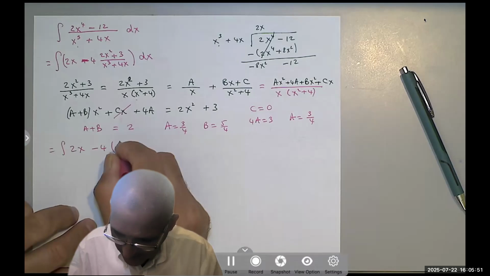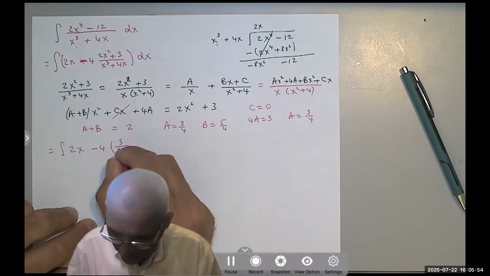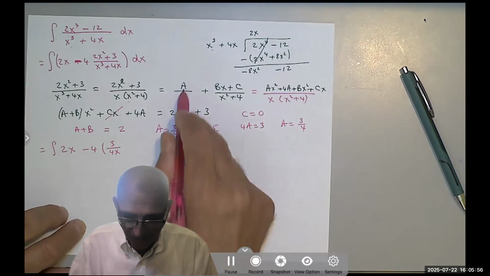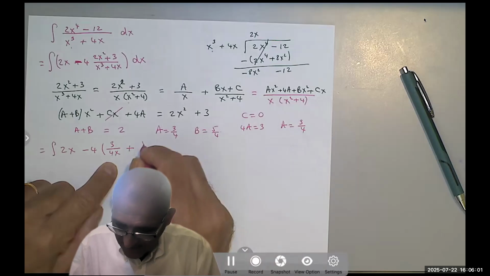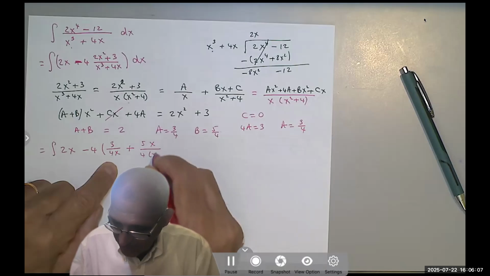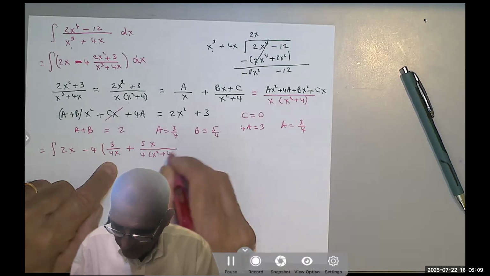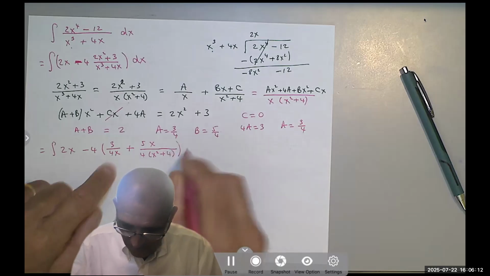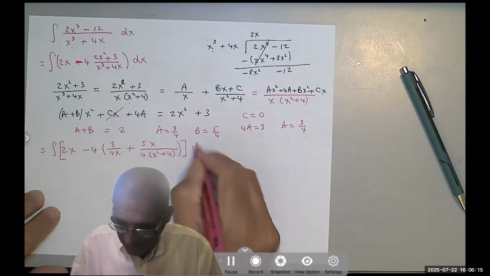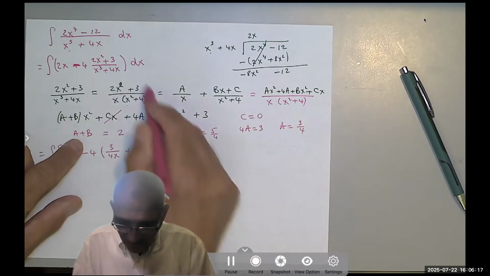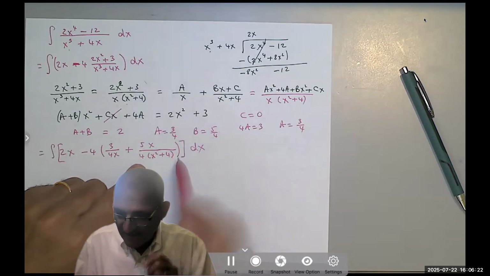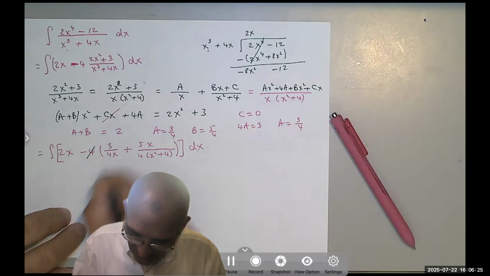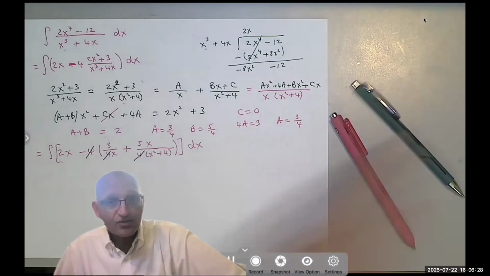So this would be multiplied by 3 over 4x, 3/4 over x, plus 5/4 x, 5x over 4 times (x squared plus 4) dx. So I broke this thing into 3 over 4x and 5x over 4 times (x squared plus 4). I have a 4 out, so I can get rid of the 4s.